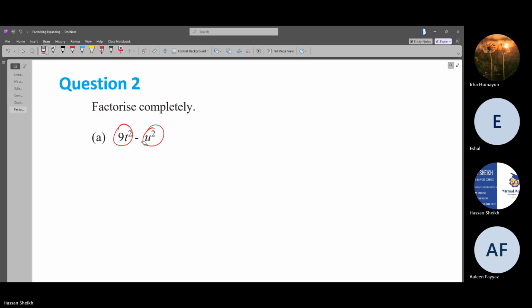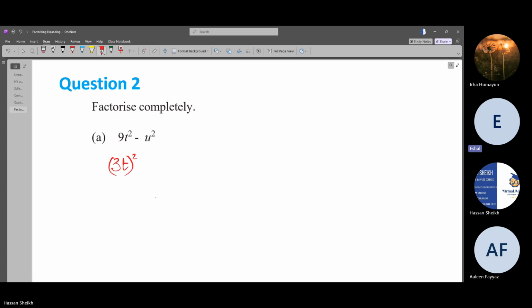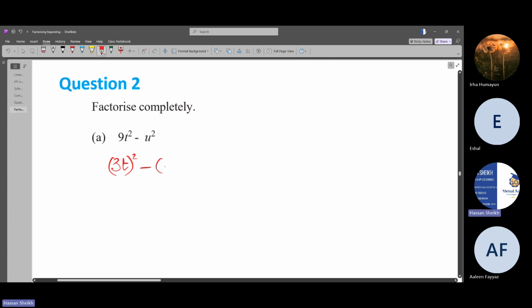Oh, no. You can't. Okay, look, the thing is very simple. Whenever there is a square number with a square variable, you always go with the difference of squares formula. Isn't it correct to write 9t squared as (3t) whole squared? And can I write u squared as (u) whole squared?